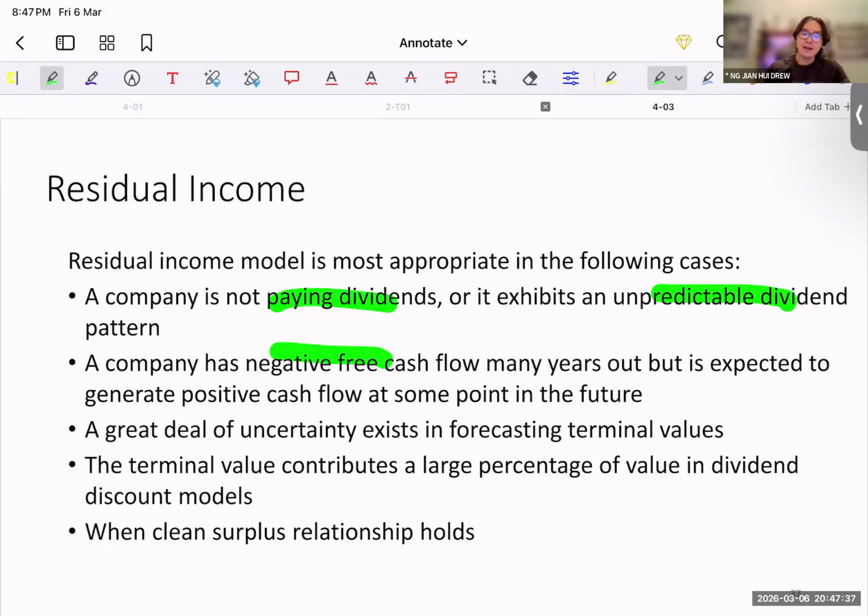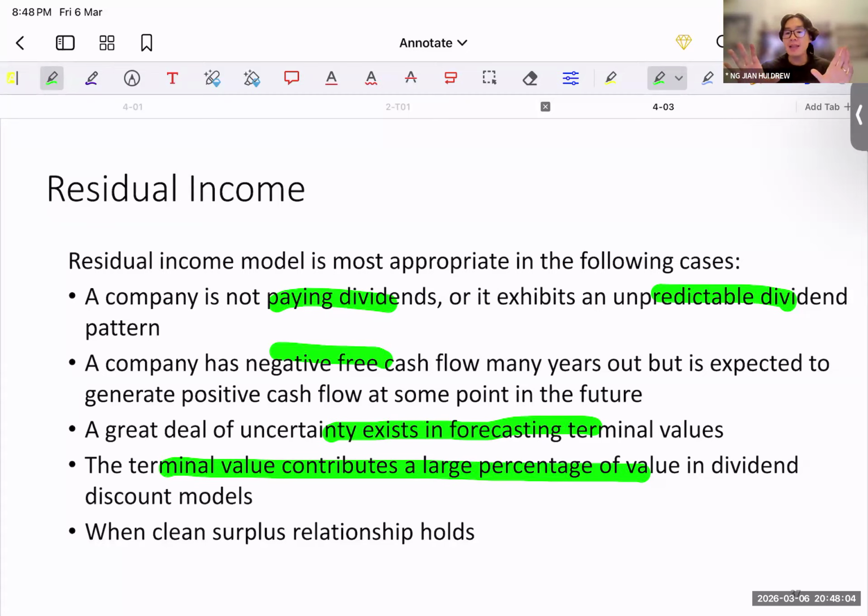And if there's great uncertainty in terms of the terminal value, so you do not really know how to forecast the terminal value, then maybe using residual income, which focuses on the value of equity, might be better. If the terminal value contributes a large percentage of your valuation and you're not sure of it, again, there's a good reason to use a residual income model.